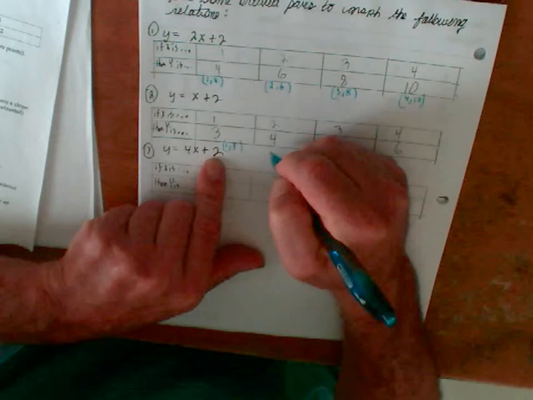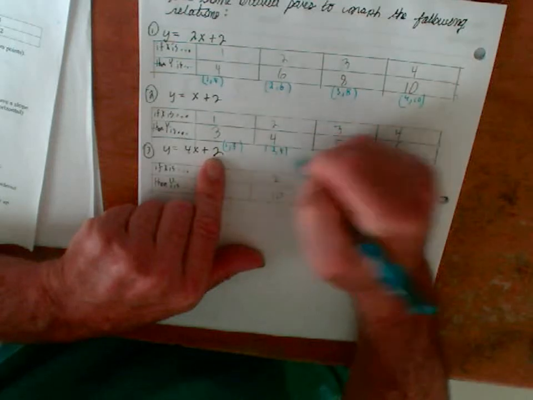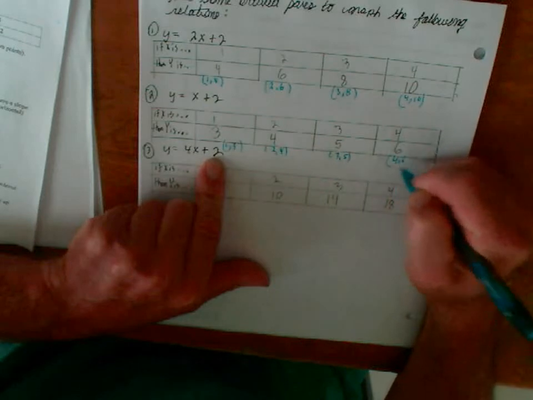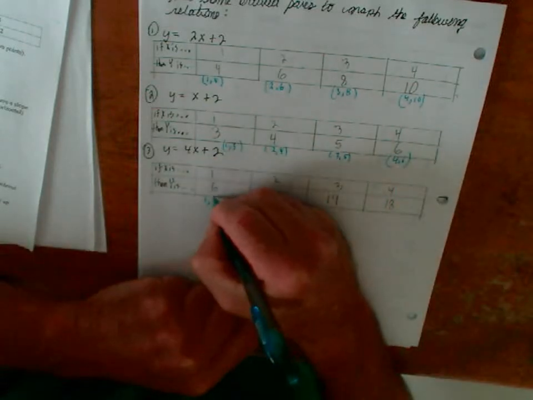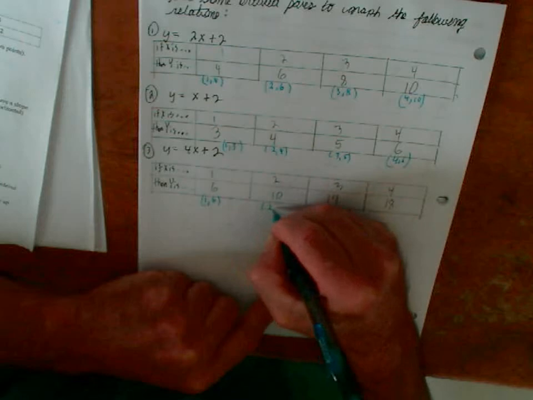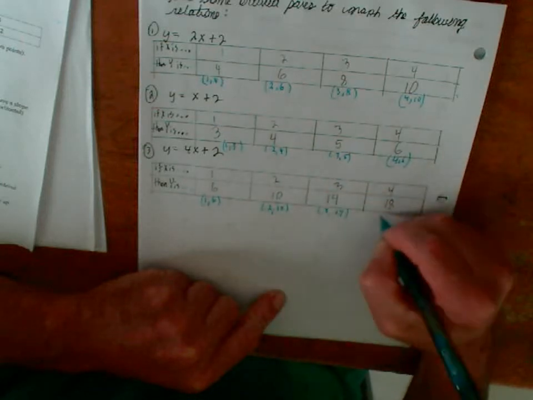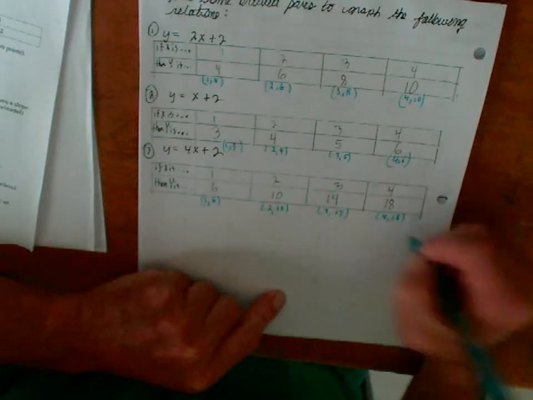Then 1, 3; 2, 4; 3, 5; and 4, 6. Then 1, 6; 2, 10; 3, 14; and 4, 18.